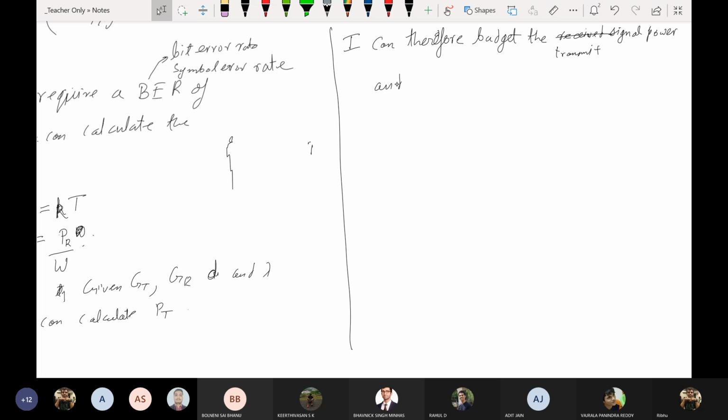And this is called link budgeting for analog channels.